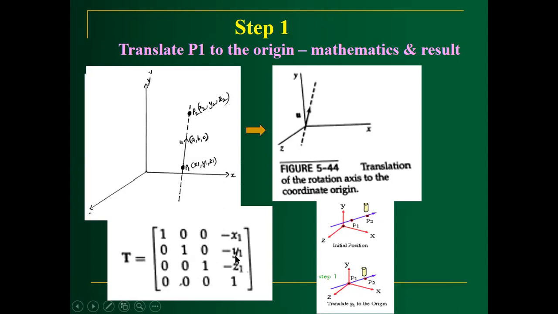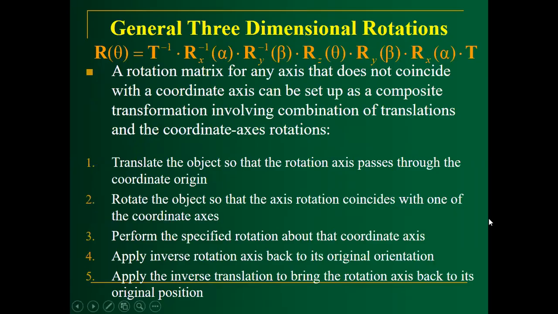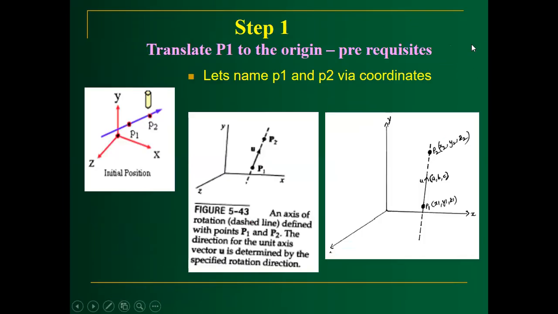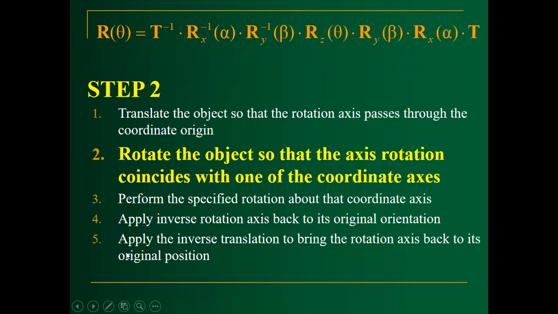So if you subtract minus 10, minus 20, minus 5, your P1 will now come to origin. That is what I mean by getting this to the origin. So this is the translation matrix T. Remember we had this equation and we are coming from the right hand side. What is this T? This T is this matrix. All right. Now that is step 1. That is, in the final equation we are done with T.